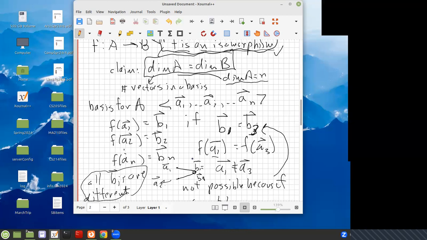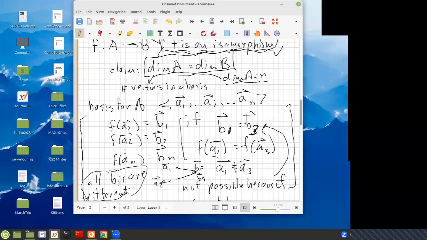Okay, this argument has nothing to do with f being onto, that's not relevant to this part of the argument. How would there fail to be n vectors here? Well, it could fail to be n vectors if two of them are the same.